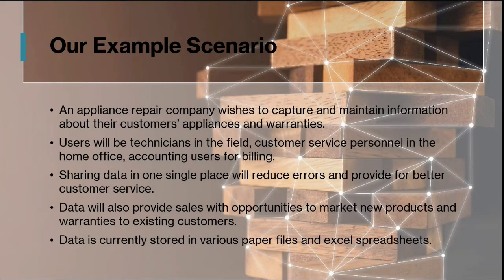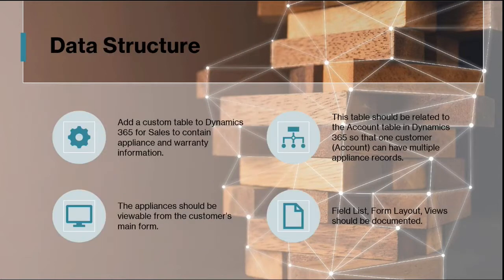So I'm just going to log into Power Apps right now and take you through adding a few fields. So our data structure, we're going to add a custom table to Dynamics 365 for Sales to contain the appliance and warranty information. It's just going to be one table. And then the appliance table is going to be related back to the accounts table, so that when you look at an account, you can see one customer and they can have multiple appliances.